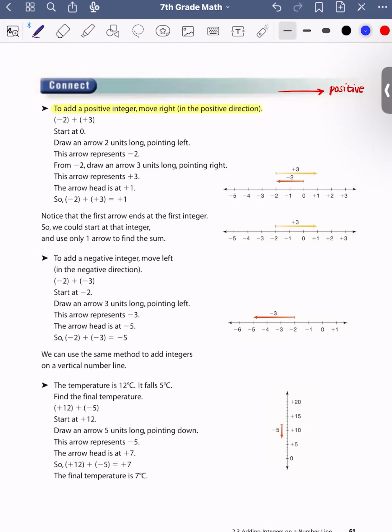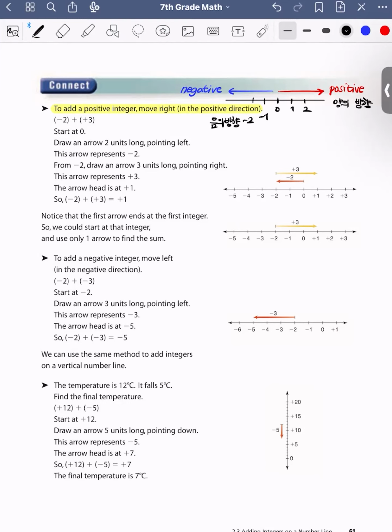And if you go to the left side, if you go leftwards, it's always negative. 수직선에서는 오른쪽으로 갔을 때 양의 방향이라고 하고, 왼쪽으로 갔을 때 음의 방향이라고 합니다.